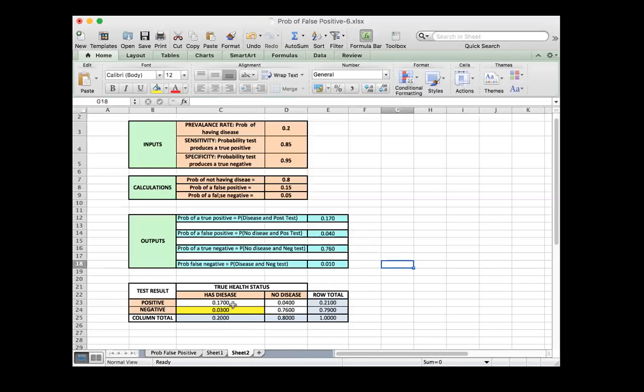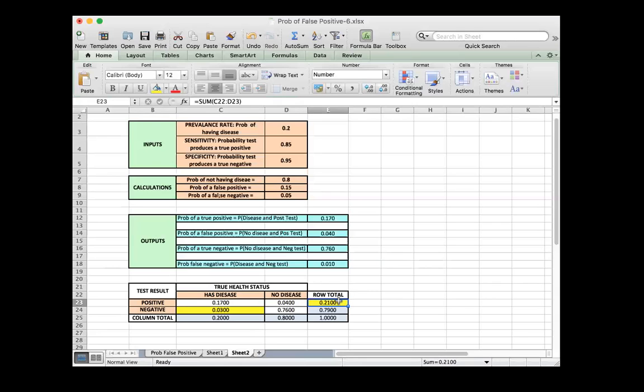No, that you have cancer, given that you assume you have a positive test. So you're in the 21 group, you're in this number over here, this number that I'm just filling in with this yellow. Over here, you're in this row, you have a positive test, and you have the disease, so it's 17 over 21.